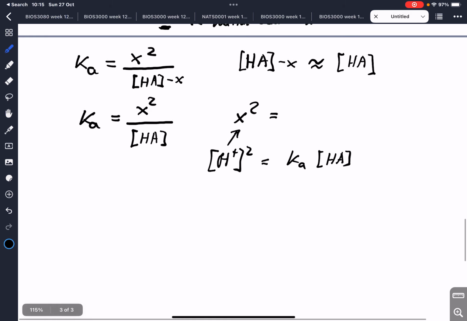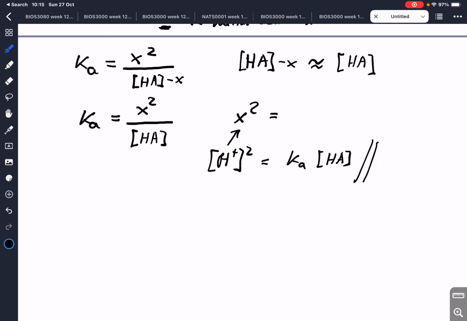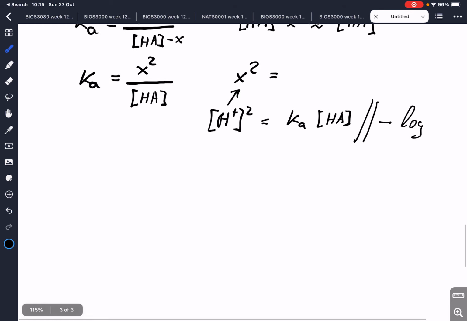Okay, so what can we do with that? Now, the easiest way is we take both sides of this equation, negative log 10. What do we get?